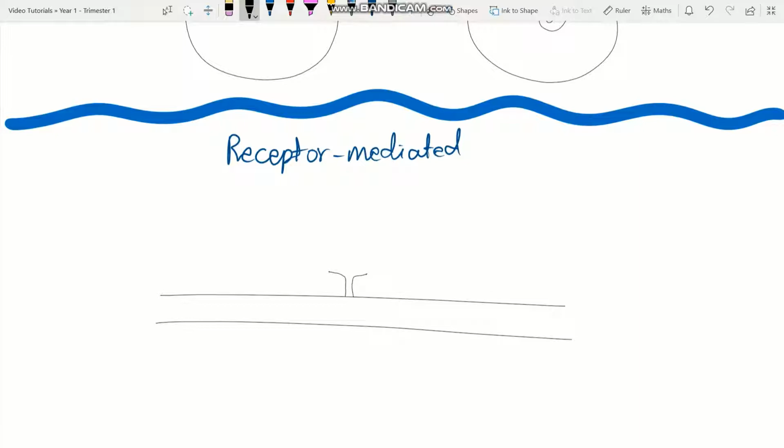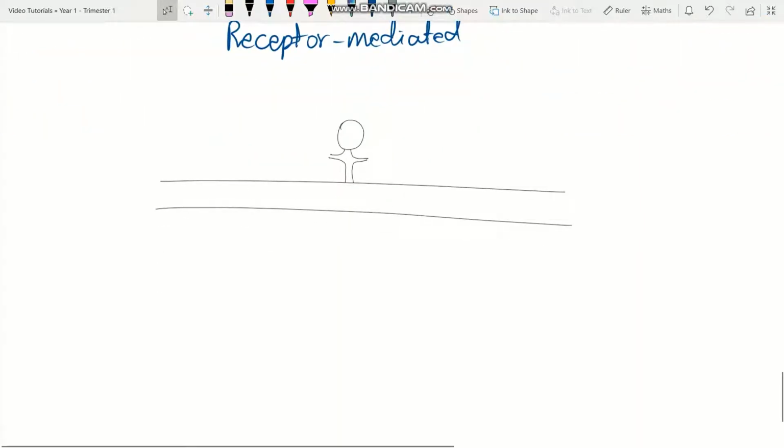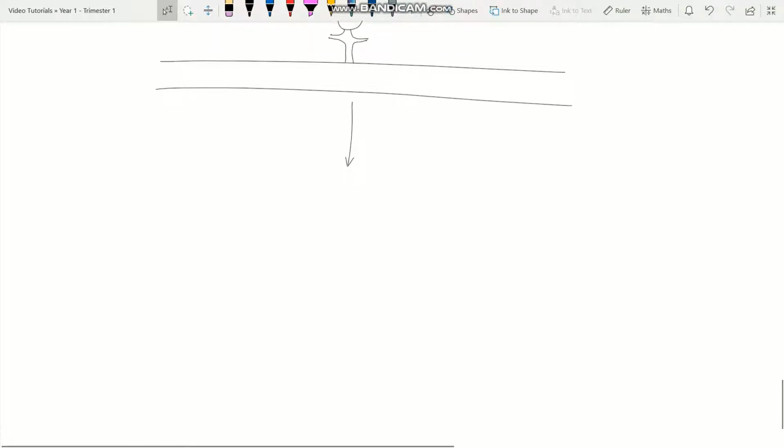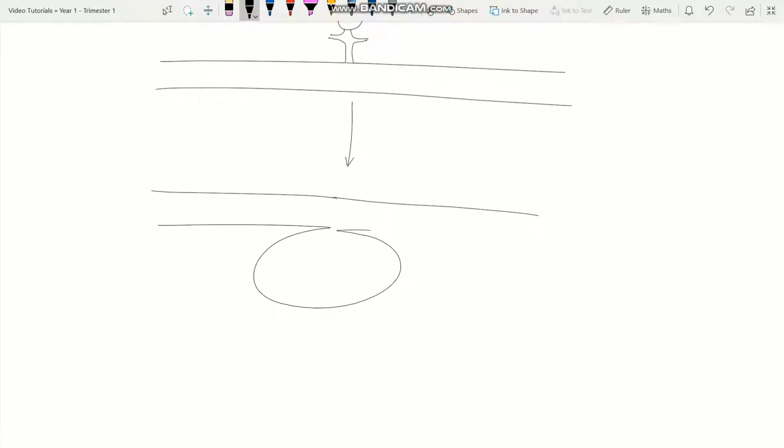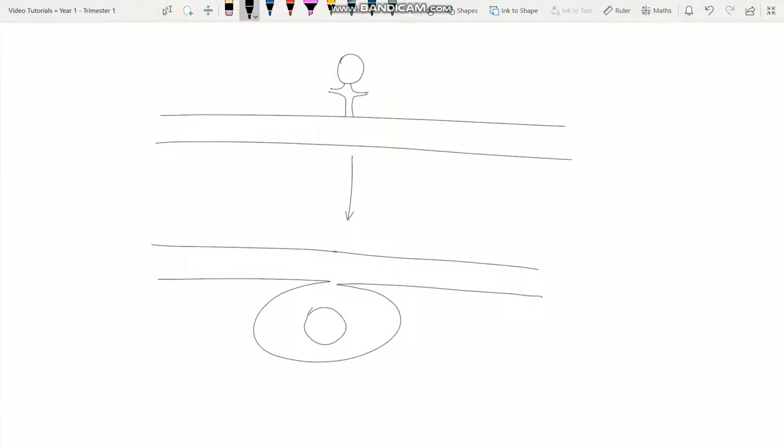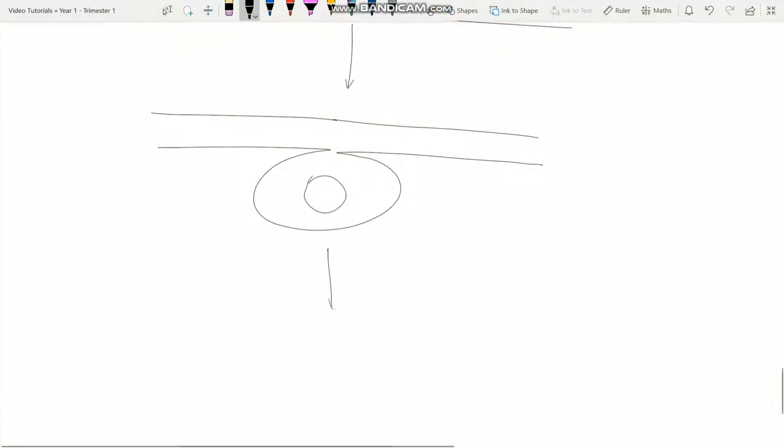A particle is able to come and interact by having a complementary type to that receptor and essentially be brought into the cell through a vesicle by the interaction between this receptor and particle, and therefore be brought into the cell.